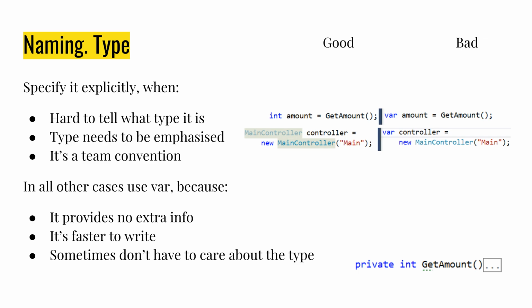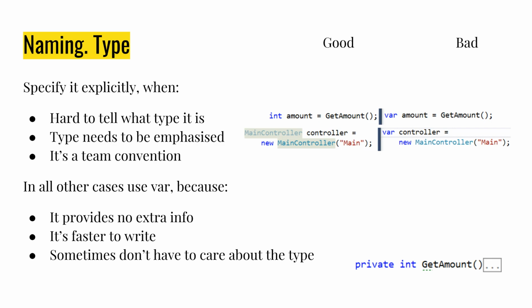Now, if something is really important, like if you want to put emphasis on the type, let's say you read something and you want the reader to notice the type to emphasize the importance of it, then you should also add explicit type to that as well.